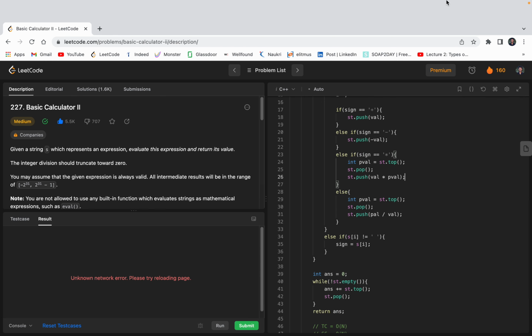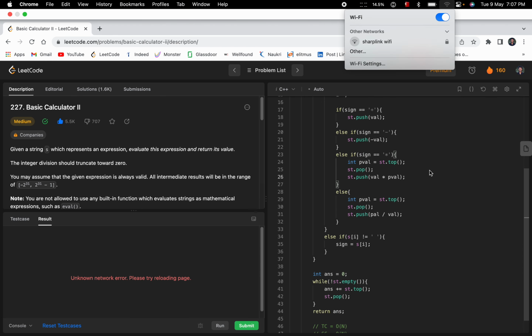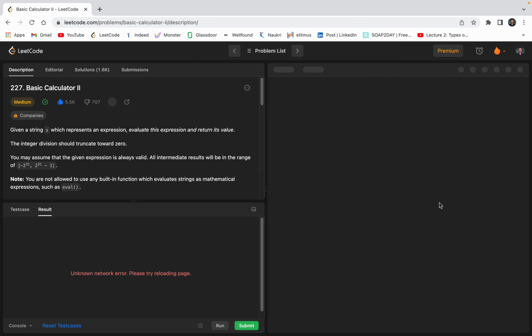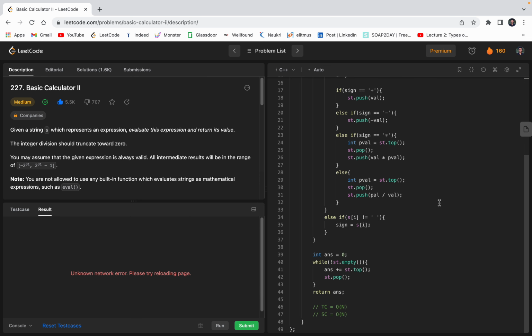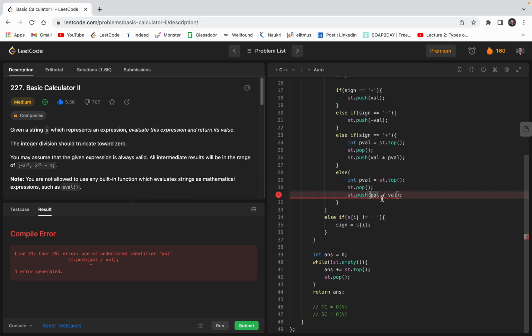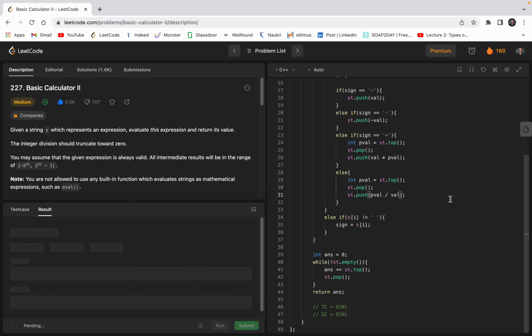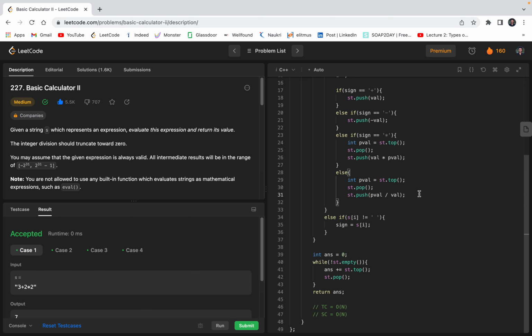It will be pval divided by val. Now it ran.